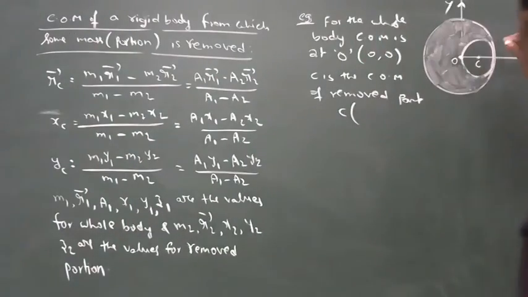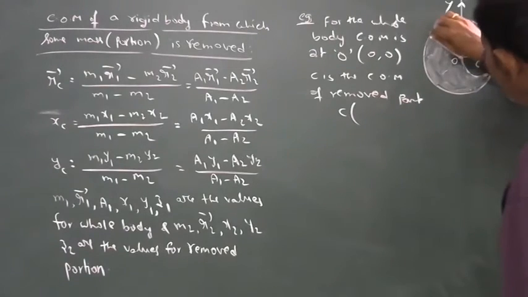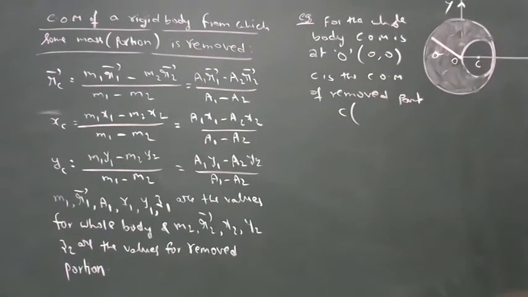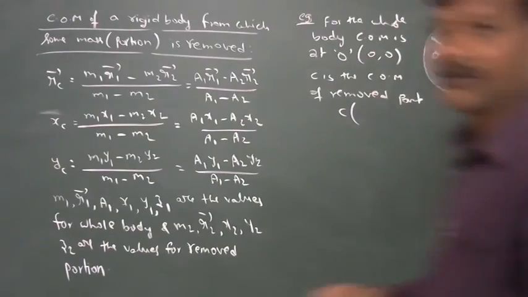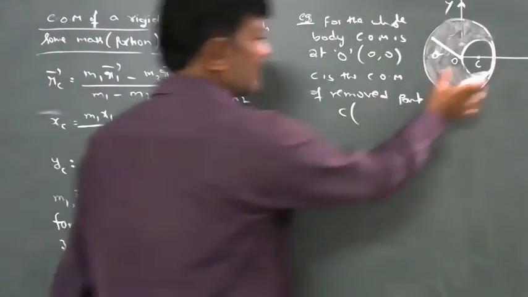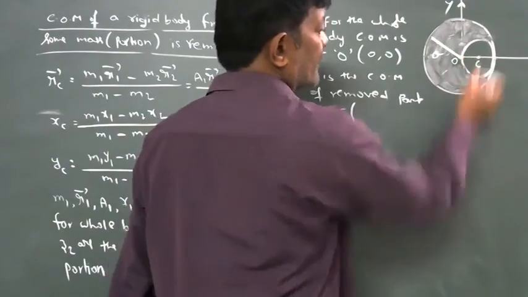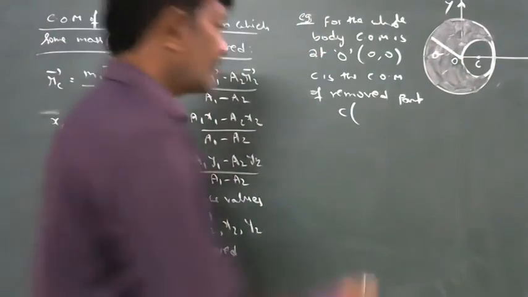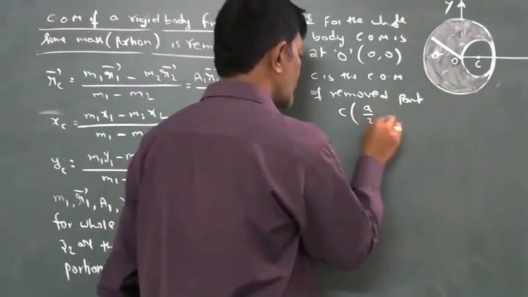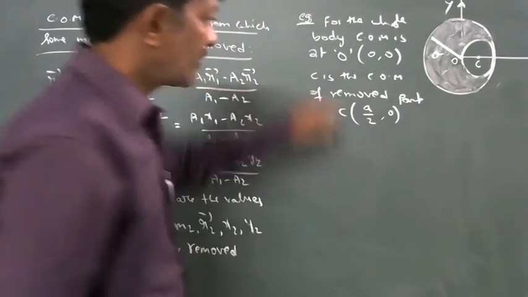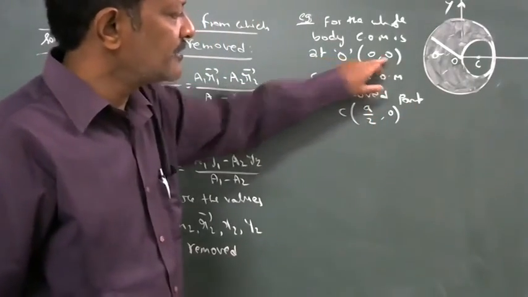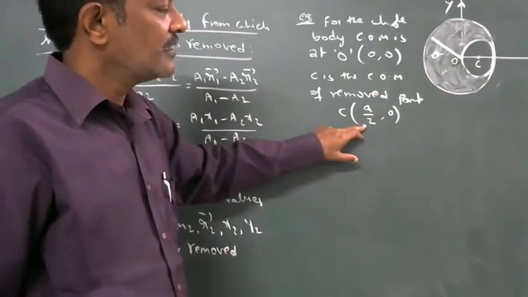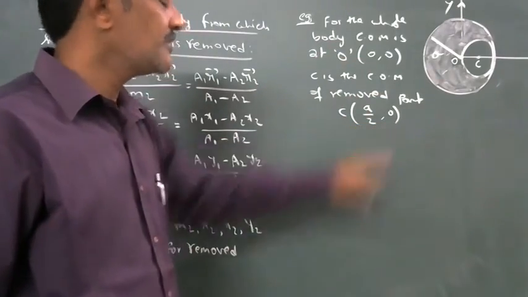Let A be the radius of the whole object. Then O to C is A by 2. C is exactly at the middle. Therefore, it is (A by 2, 0). So for the whole object, x1 is 0, y1 is 0. For the removed portion, x2 is A by 2, y2 is 0.